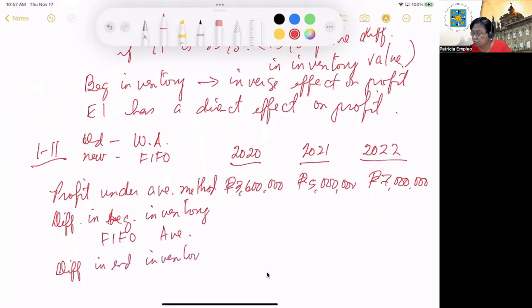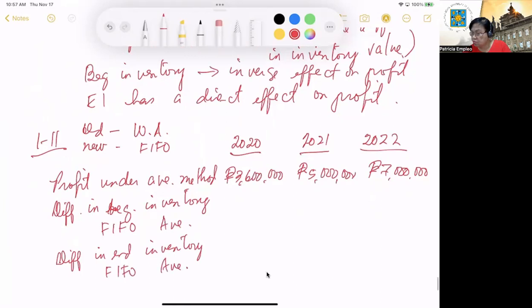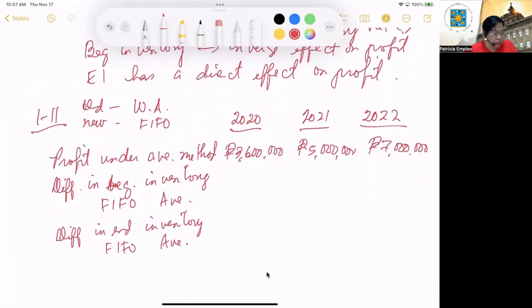That is, you are to compare the new method of FIFO over average. Okay, because 2020 is the first year of operating the entity, that means therefore that there is no beginning inventory. So wala tayong beginning. So there is no effect on beginning inventory for 2020.